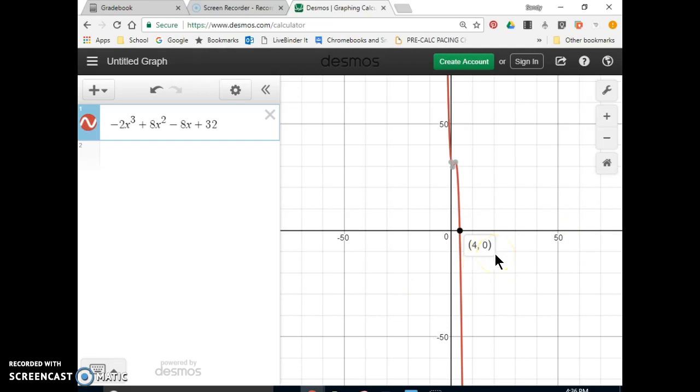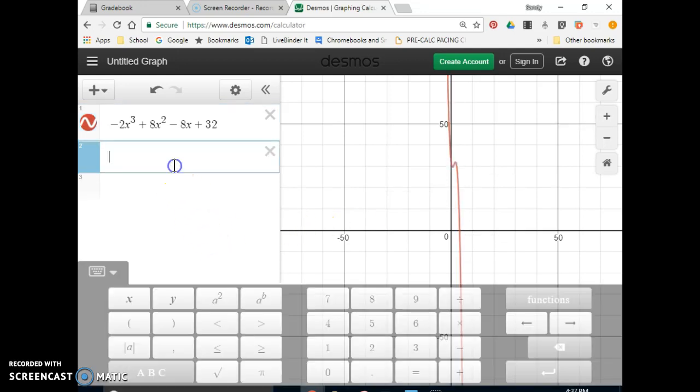Now, the other stipulation was that at positive 1, it was at 30. So what I'm going to do is trace here till I get to 1, following this graph up until I get to 1 here, and I might need to adjust my window.